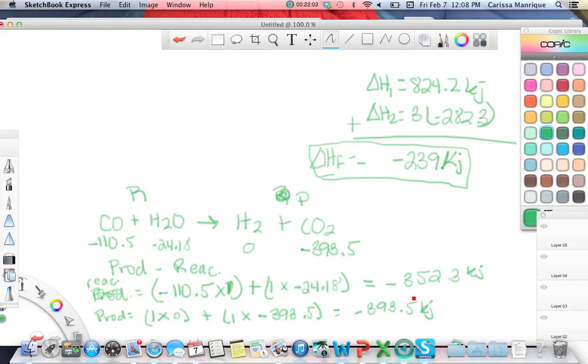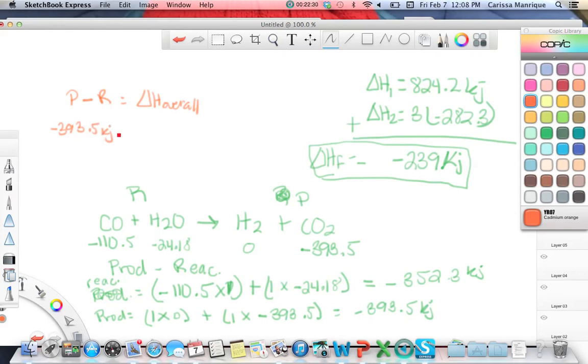Okay, but now we want to look at the overall reaction. So the formula is, we take what we got for our products and we subtract from that what we got for the reactants to get delta H, we'll say overall or total. So our products, we get negative 393.5 kilojoules.